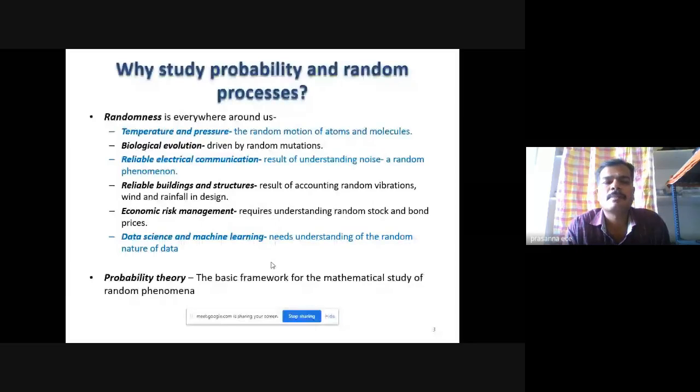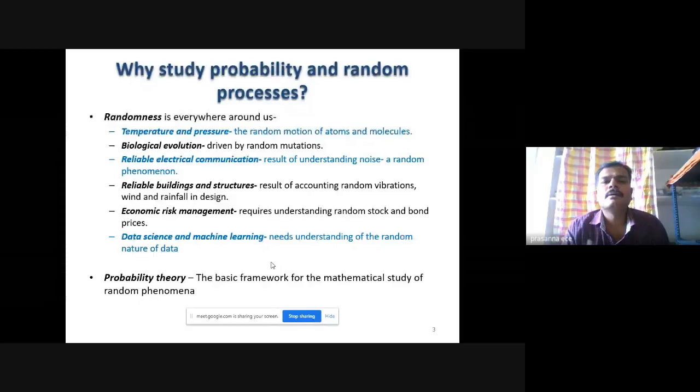so that we will be successful in economic risk management. And then coming to the very recent example of data science and machine learning. Machine learning is basically acquiring some data. The machines have sensors, so they acquire data from the surroundings, and over a period of time they learn.